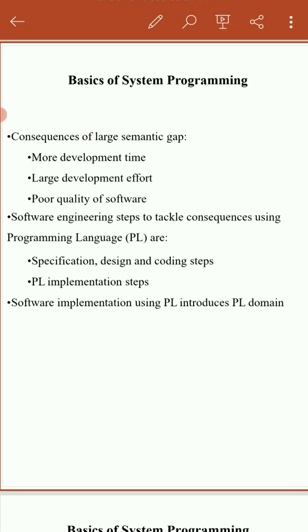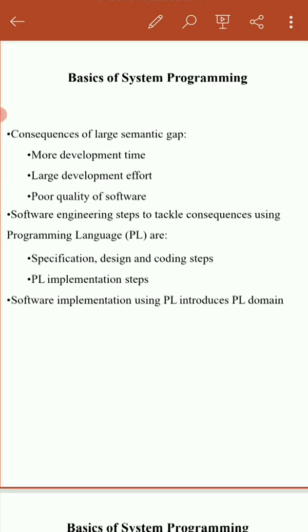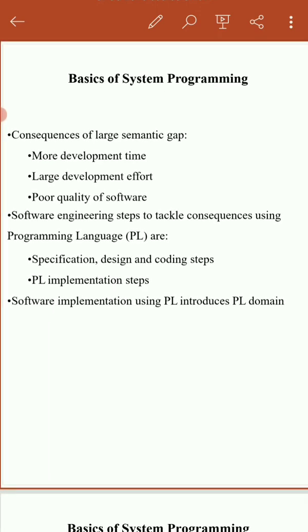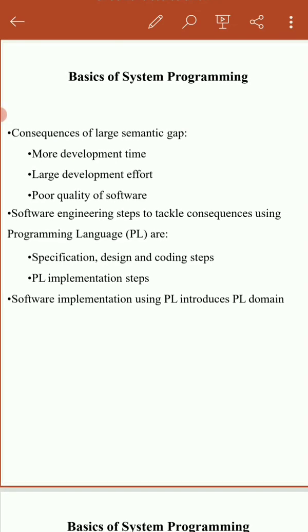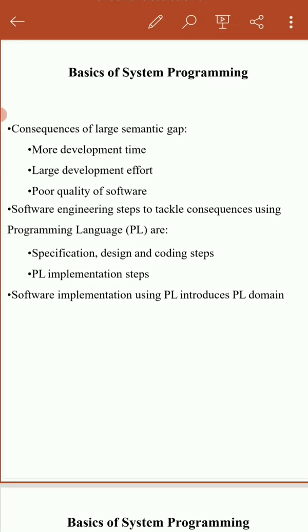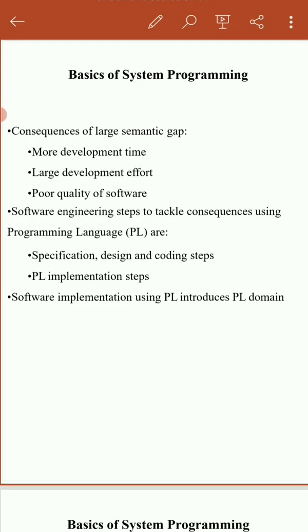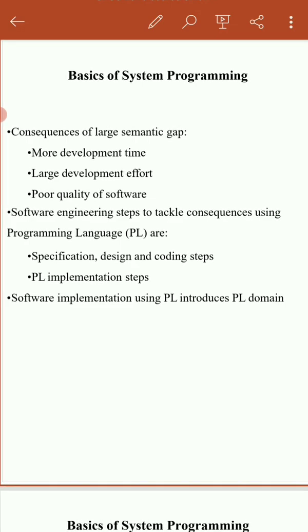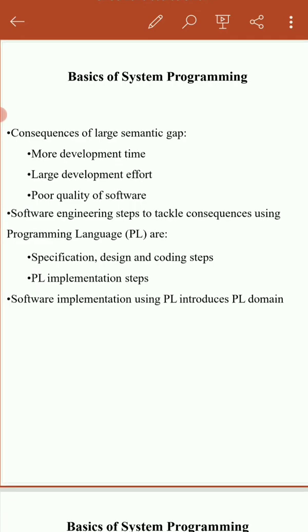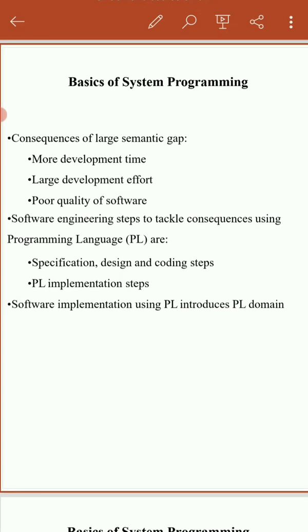Interpreter translates the code one line at a time, executing each line as it is translated. That means the interpreter is translating only one line at a time and executing each line as it is translated; after translation it will execute. But the compiler is translating the entire program into machine language. So this is the basic difference between the compiler and interpreter.